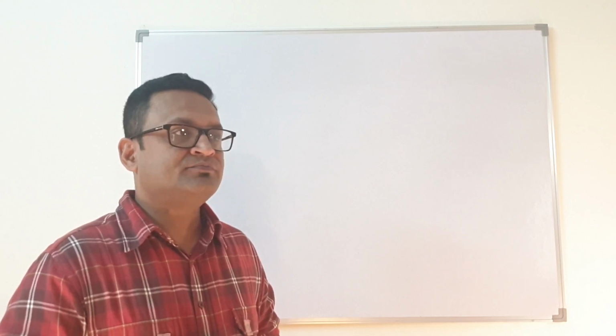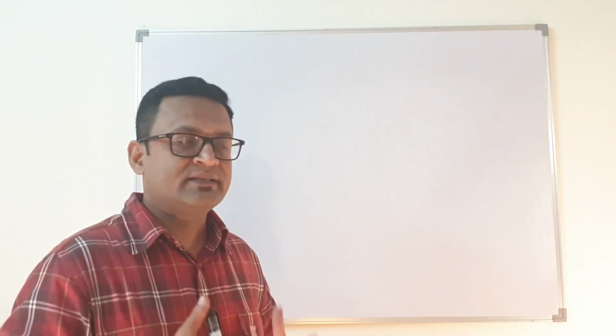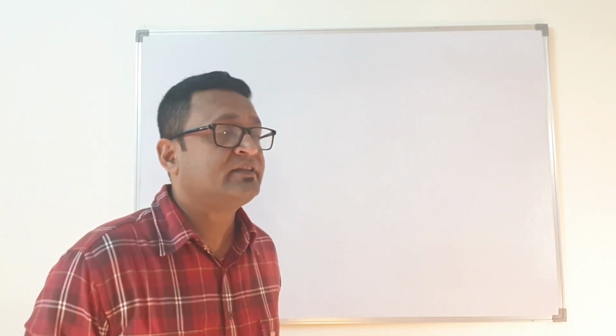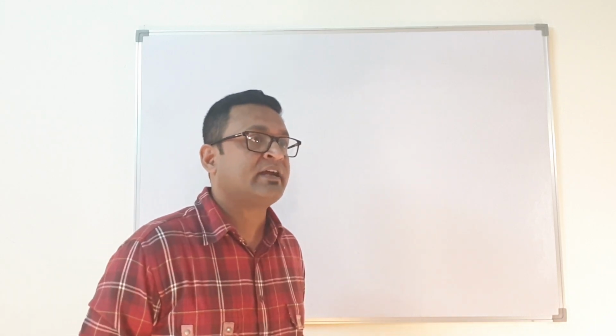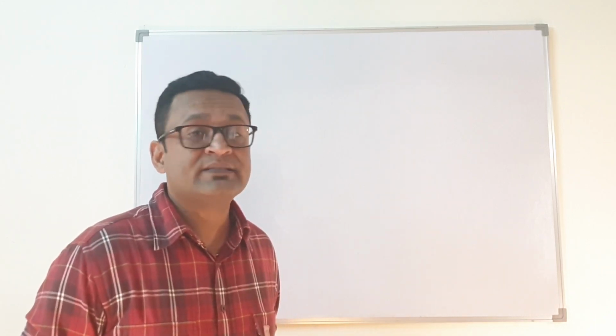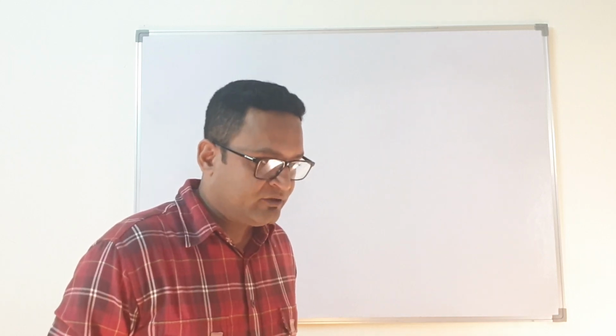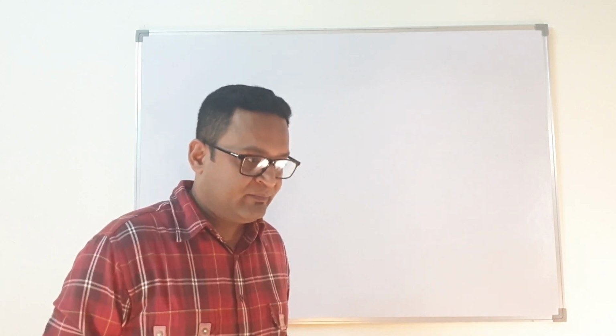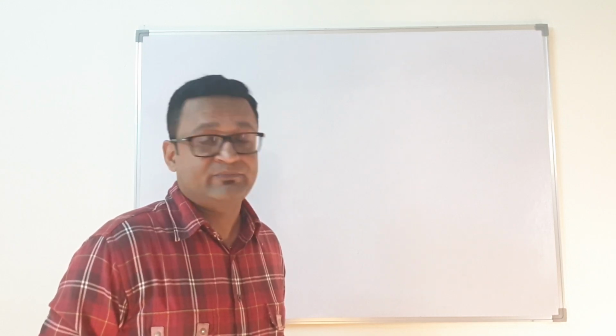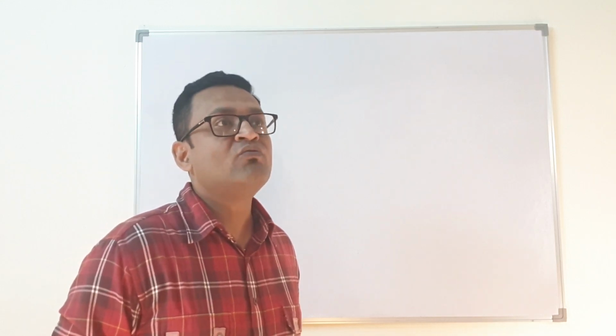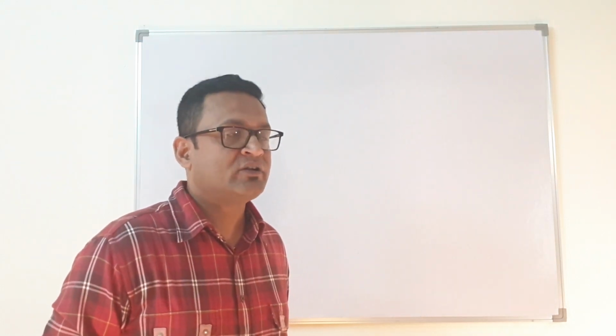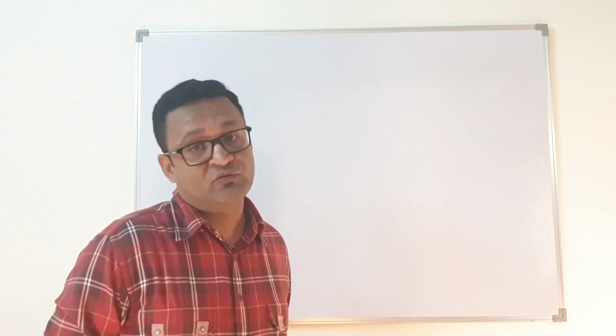Now, I need to discuss a few things which I think are important for all of us to understand: how truth tables can be used as decision procedures. But before going into the decision procedures, let me again come back to the concept of validity, the notion of validity in a truth table.